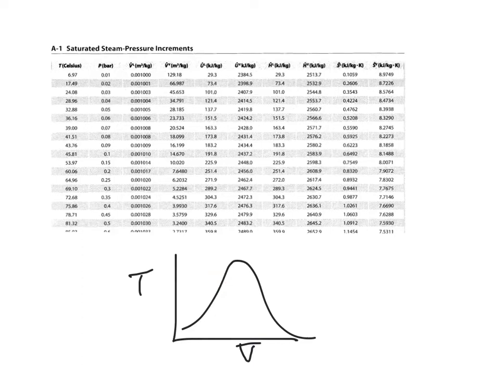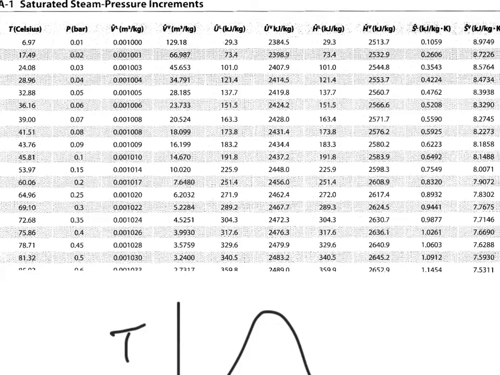So let's just say I'm at a temperature of 39 degrees Celsius right here. Well, my pressure at 39 degrees Celsius, wherever it is on this phase diagram, would be 0.07 bar. And then I have other information here, and let's go look at that. So right here, this is the specific volume of the vapor phase, this is the specific volume of the liquid phase.